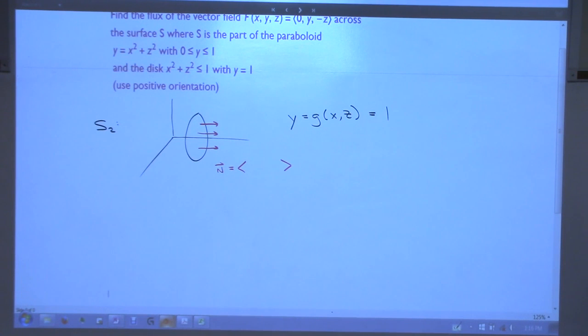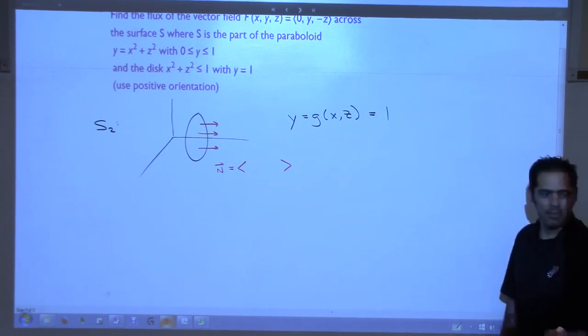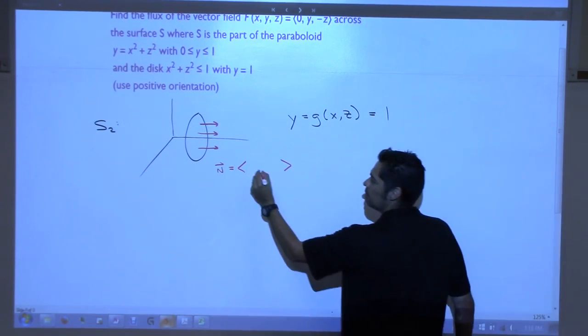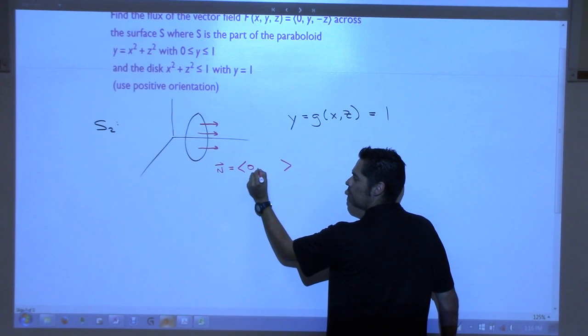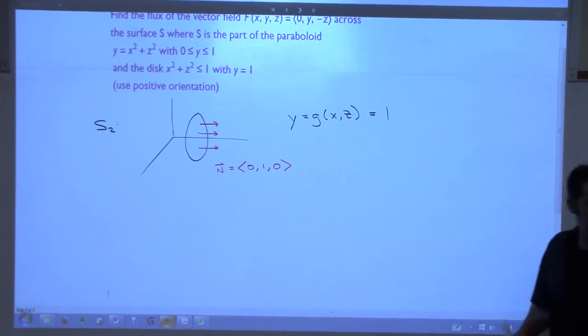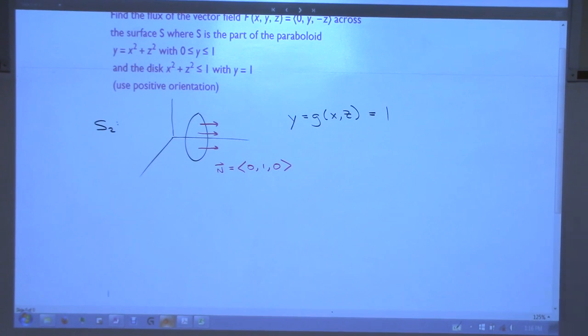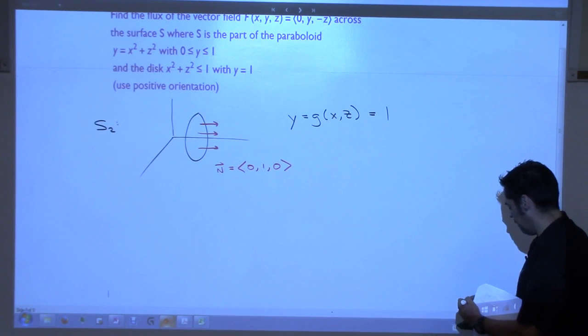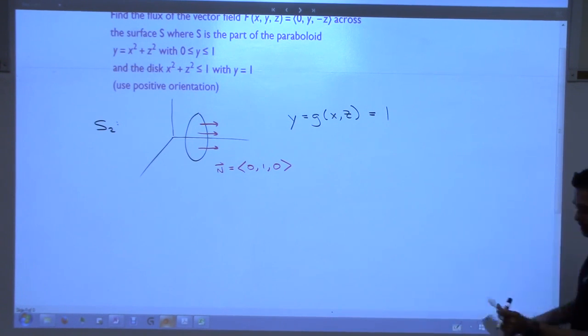A unit normal vector. 1, 0, 0. Close? Those are all pointing in the y direction, right? 0, 1, 0, right? All normal vectors would look like that? Do you agree? Yes? Okay.